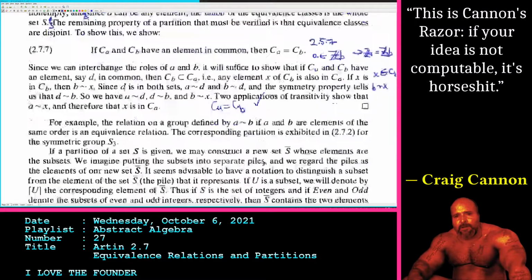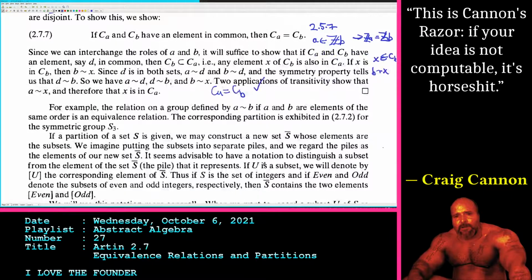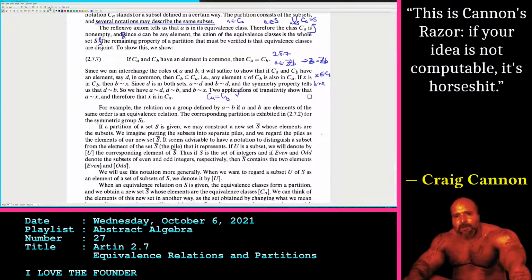For example, the relation on a group defined by A is congruent to B if A and B are elements of the same order. Okay, I gotta zoom out, I'm sorry. Elements of the same order.